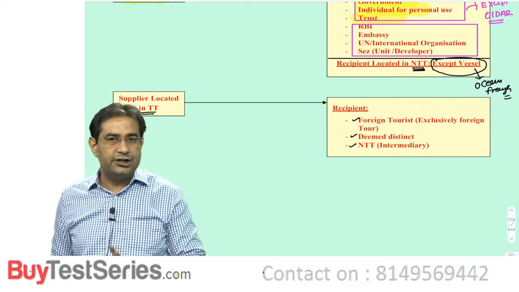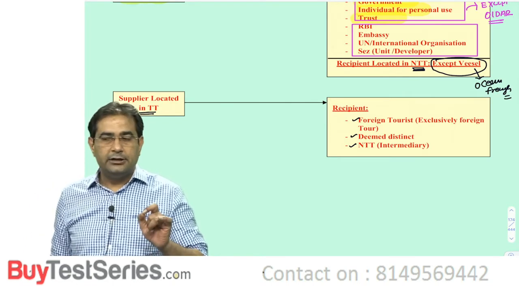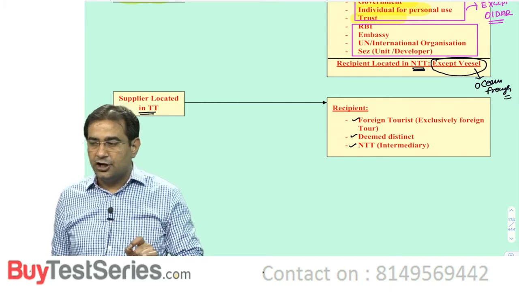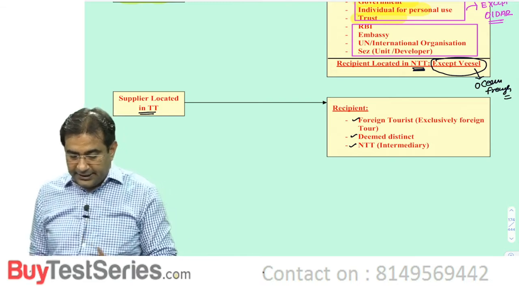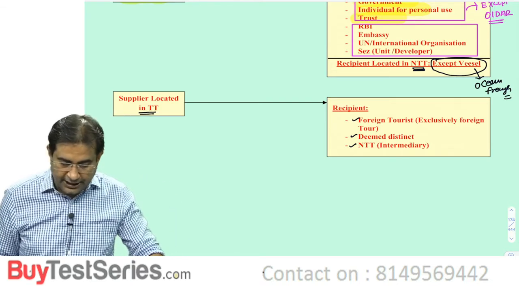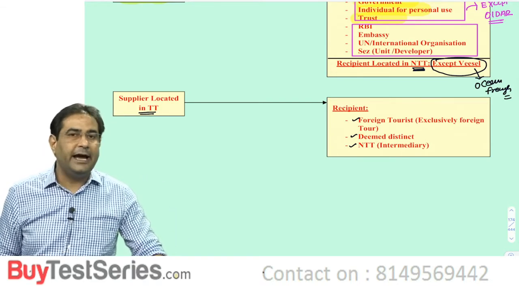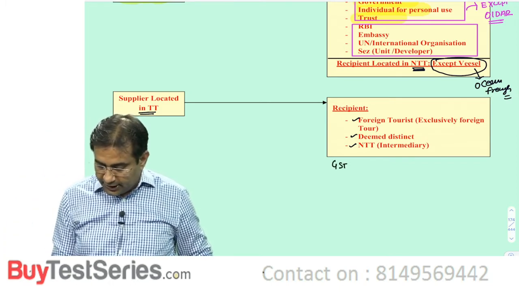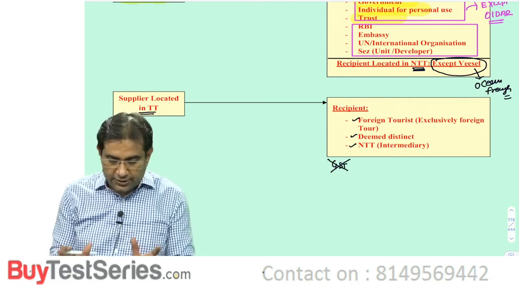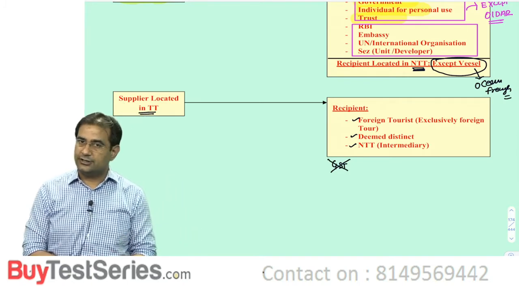These are the three situations where the person supplying the services is located in the taxable territory and supplying service to foreign tourists, deemed distinct and entity. All these will be exempted from GST, and no question of GST at all, my dear. So this was the discussion till now. Is it okay to you?